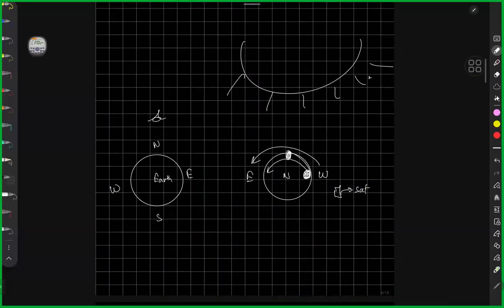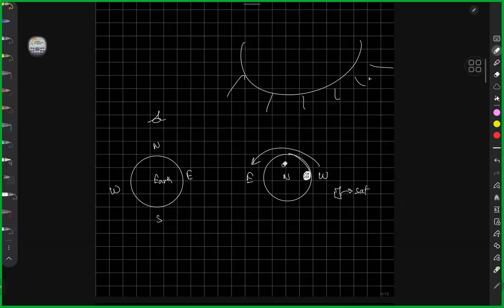I will have gone around in 24 hours and come back to the same position, but the satellite will be lurking behind somewhere. But it's supposed to be over here. The satellite should be over here for it to be a geostationary orbit.